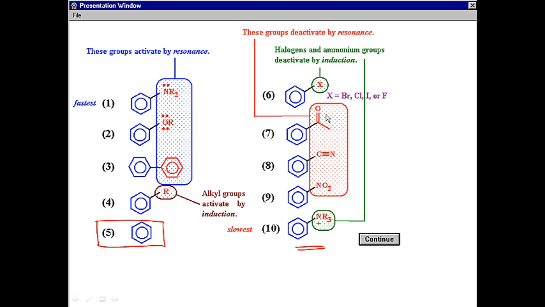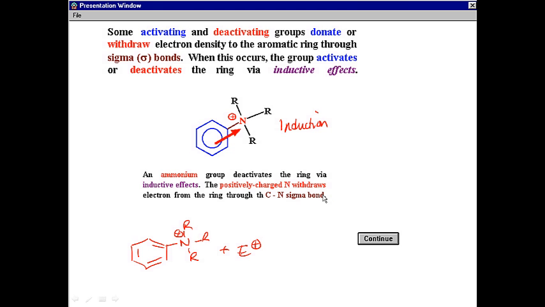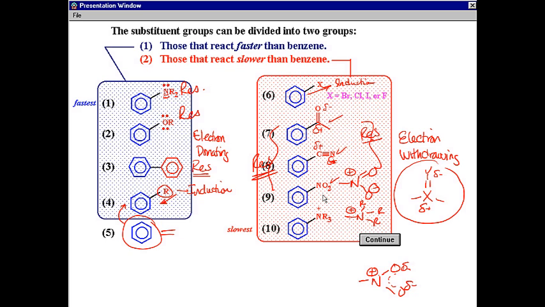And these three, X multiply bonded to Y groups, deactivate by resonance. And the NR3 group, the ammonium group, yeah, it probably does deactivate by induction, but it mostly deactivates because it's got a positive charge and it's not going to react with a positively charged electrophile. Okay? So, we have just answered question numero 1 here.